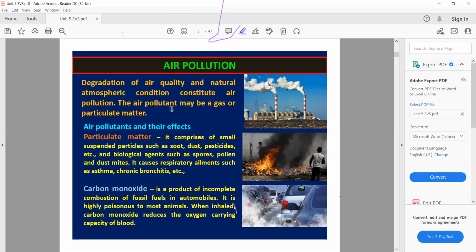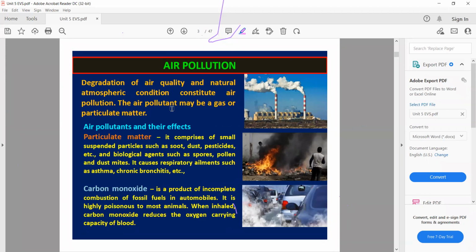What is the purpose of displaying the air quality? You might ask, ma'am, what will we do knowing that? The purpose of displaying air quality is to make you aware of the condition of the air that you are breathing in.